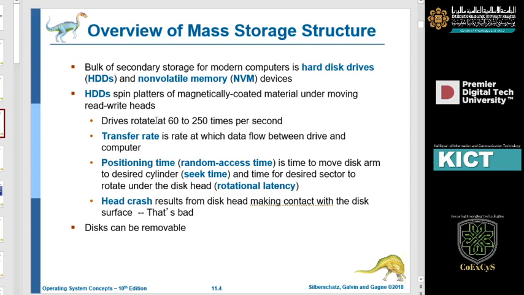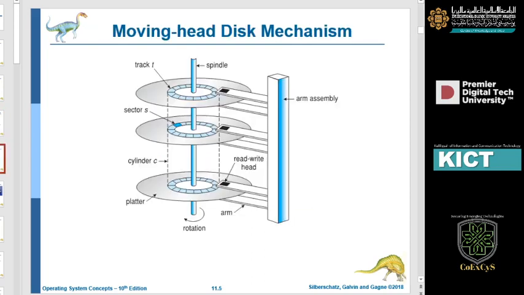There's also a term called head crash, where the disk becomes bad because as it spins it hits the head, causing the disk to scratch, and therefore it cannot keep information very well.